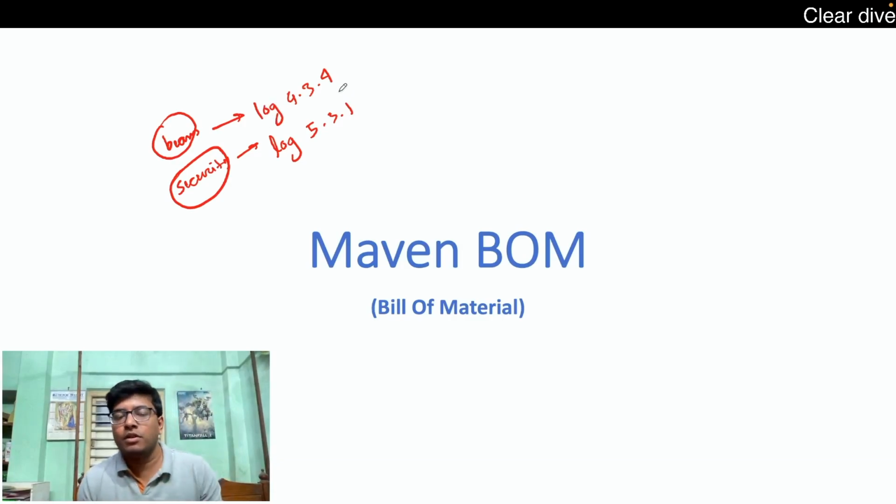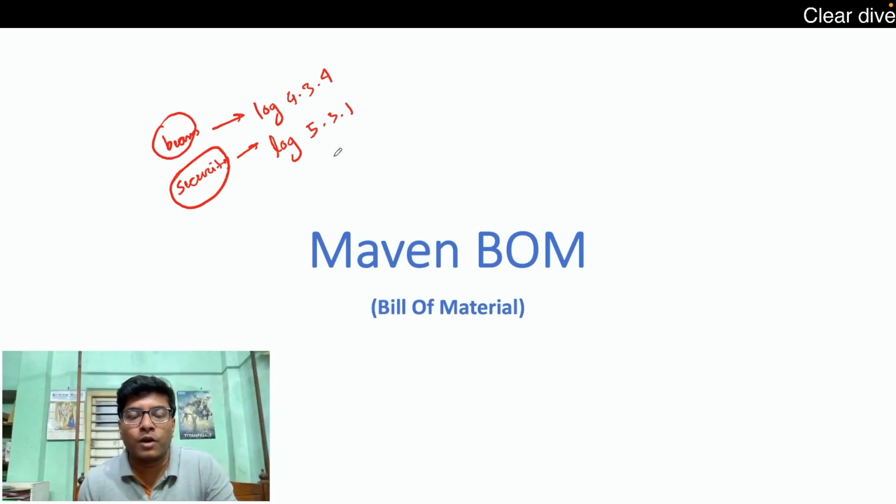Here Maven comes into the picture, and Maven does a fantastic job. But again, there is a catch. Maven does these things in its own way. Which version it should pick, Maven has its own logic, and sometimes that doesn't fit our requirement. I'll come to that in a later part.